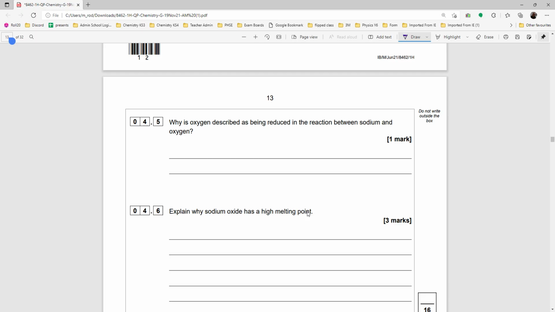Why is oxygen described as being reduced? Well, I'm just going to write down OIL RIG. Whenever anyone says the words oxidation or reduction to me, I always write down OIL RIG. So it says that oxygen is being reduced.